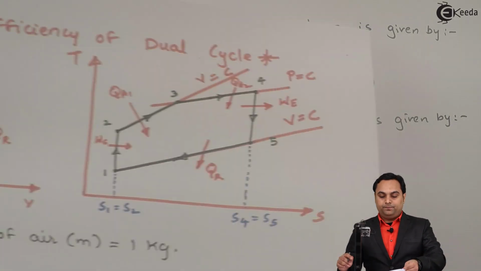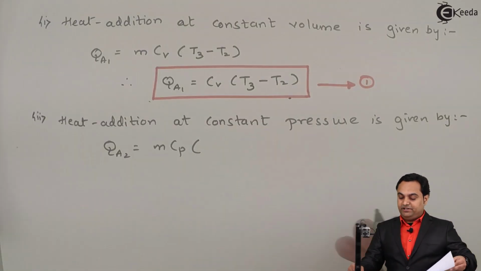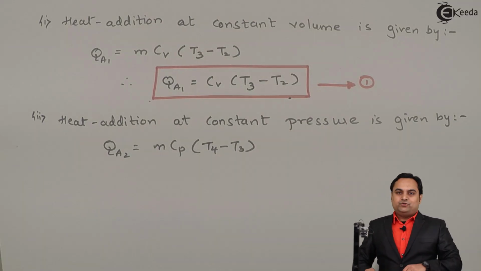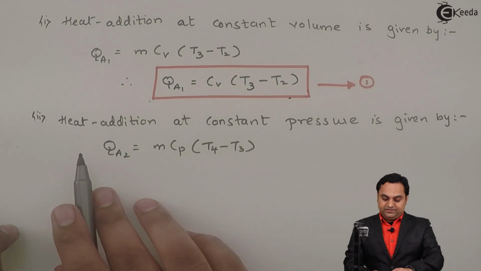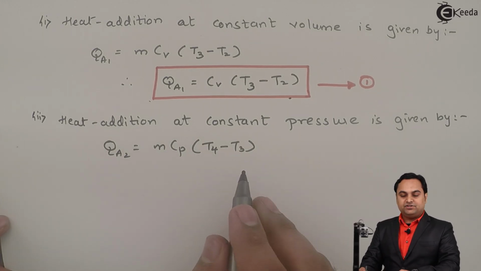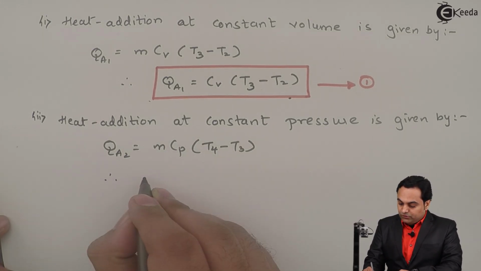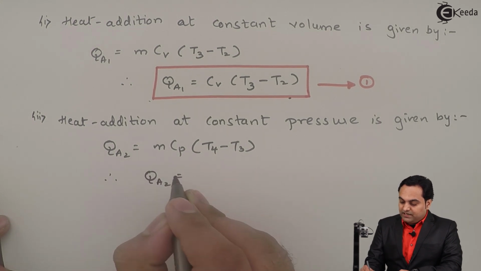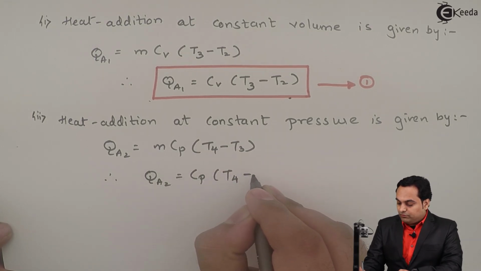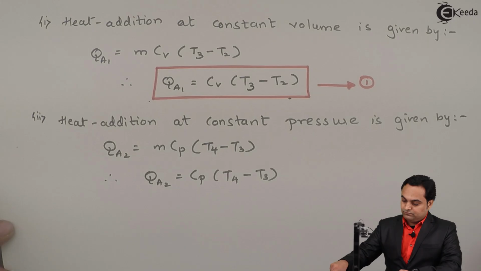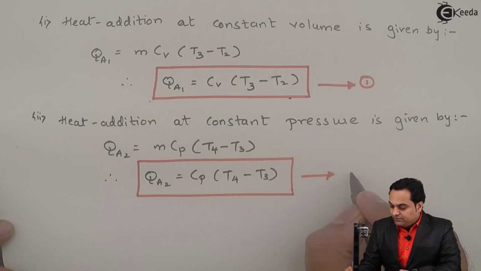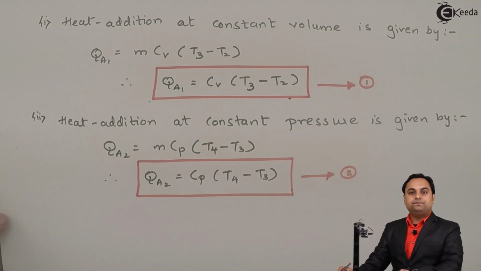It is added from 3 to 4, so it will be T4 minus T3. I have written the second heat addition at constant pressure, m Cp T4 minus T3. As we have assumed mass to be 1 kg, QA2 becomes Cp T4 minus T3. I'll keep this as the second equation.